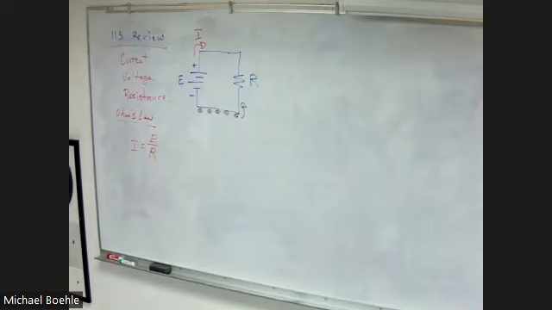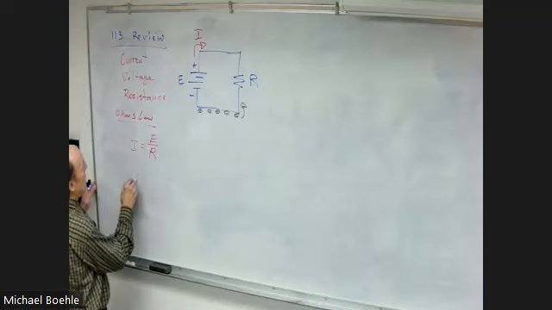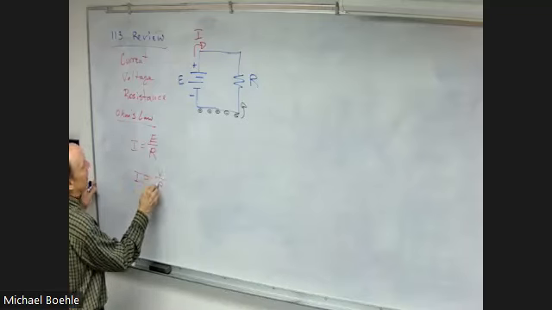E, of course, is short for electromotive force, EMF, which is basically what voltage is. It is the force that moves electrons. And so you may see this, you may also see this.